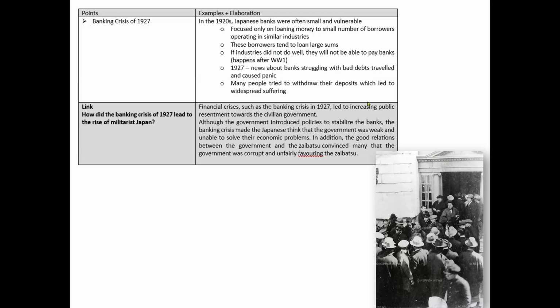And when banks closed down, many people would try to withdraw their deposits, and it led into a financial crisis. Again, because of that, when the Japanese were looking at the government, specifically the civilian government, they felt that the government couldn't solve their economic problems, and the issue of corruption was there, the issue of favoring only the rich was there. So these were things that made the population upset.